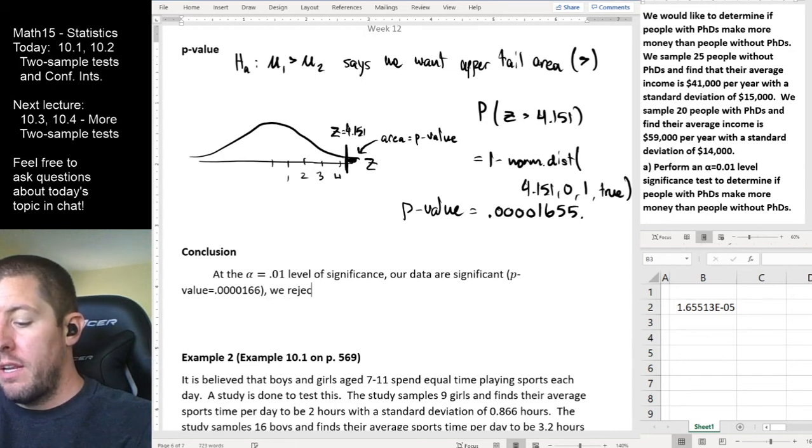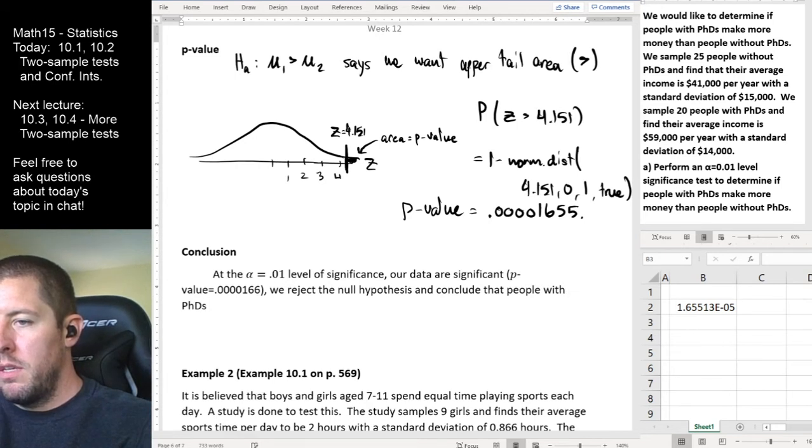So we reject the null hypothesis and conclude that people with PhDs do make more money than people without PhDs on average.